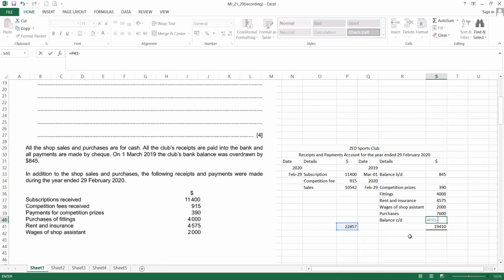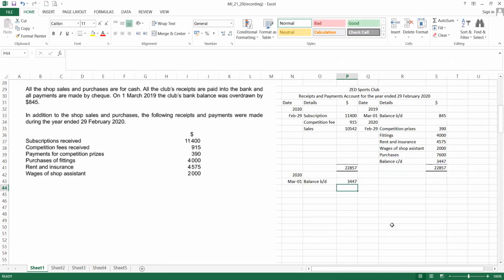So take this minus, 19410. This is the amount that we bring to here. 2020 March 1st balance brought down. Okay, so that is for the receipt and payment account.